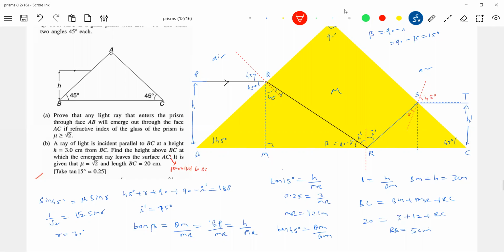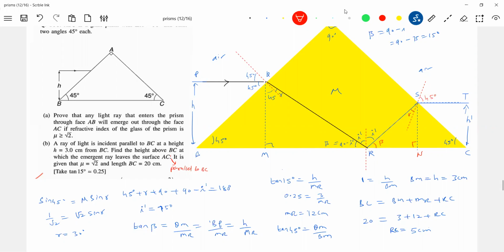So now RC has to be calculated. Okay, RC we know it. After RC, we need H dash here. How to bring H dash? So this is N, I'll write it. This angle we know. This will be beta.